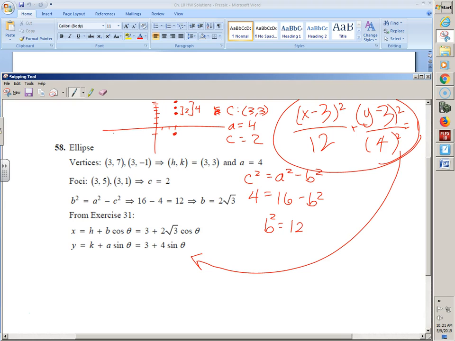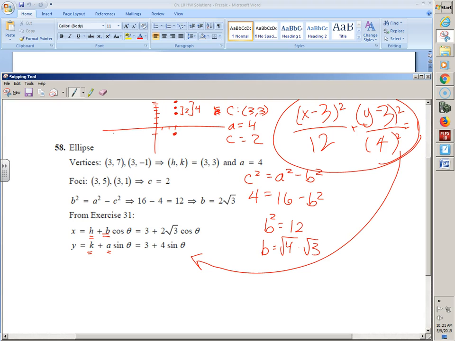In parametric, as we just saw on the calculator, and like you had seen earlier in homework, you just need to put the h in that spot, the k in that spot, and up there, the A, so square root of 16 is 4. And then the B, square root of 12. Well, square root of 12 can be rewritten. Once again, if you can make it match on a test, that would be best, right? So 12 is 4 and 3, square root of 4 is 2.